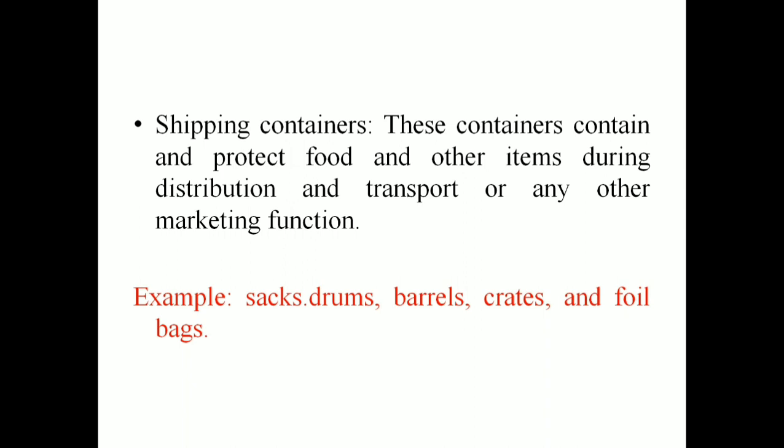You can see sometimes oil is transported from one place to another in barrels. Then foil bags, all these things are there. Some products are put in sacks in bulk quantity and transported from the manufacturer to the retailer. Some products are sold in drums. So these are the different types of shipping containers.